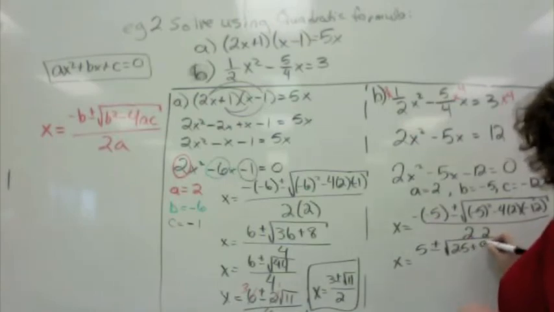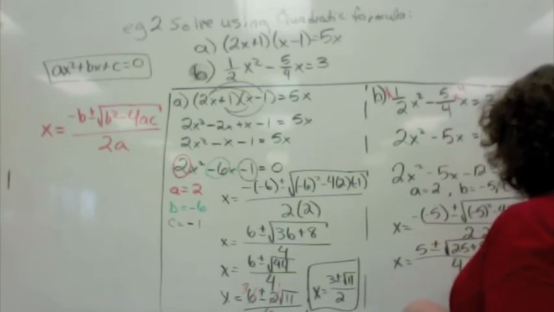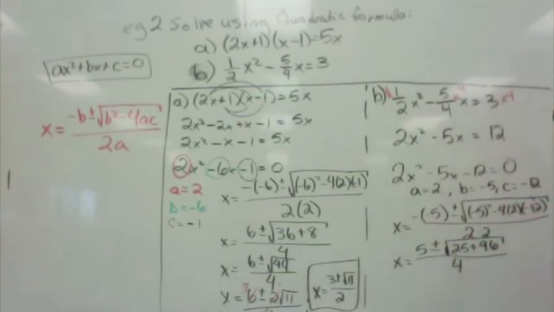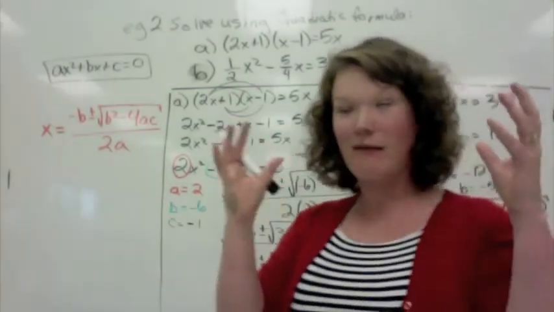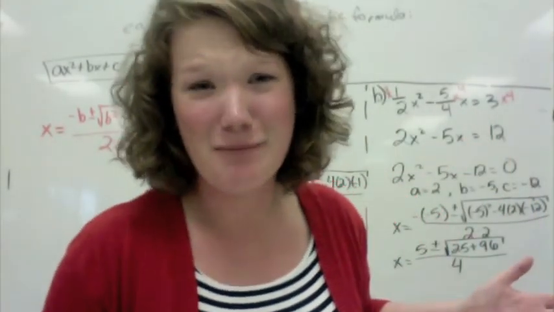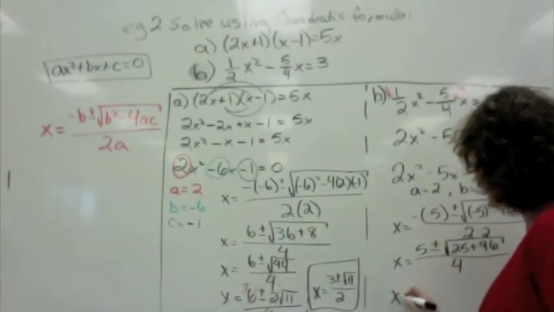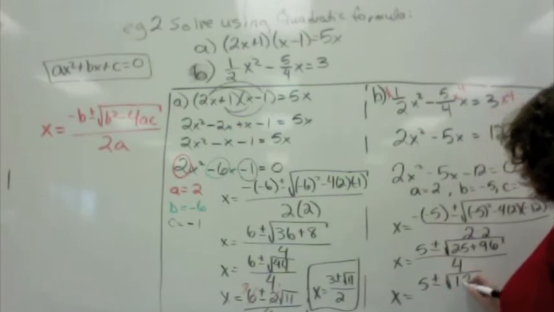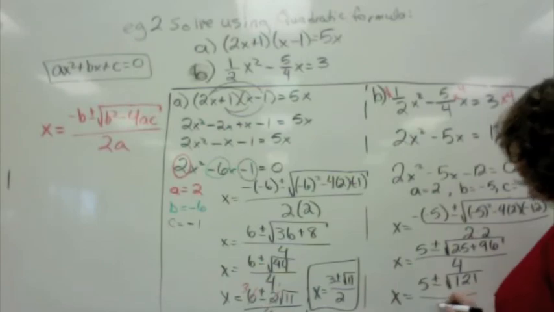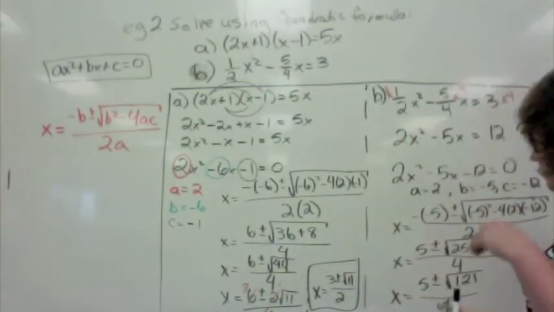So plus 96, all over 4. 25 plus 96, but guys, guess what? It's a perfect square. It's 121. So we have x equaling 5 plus or minus the square root of 121 all over 2. Sorry, not 2, it's over 4.